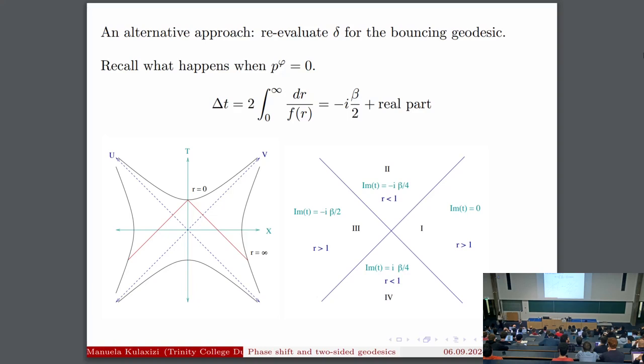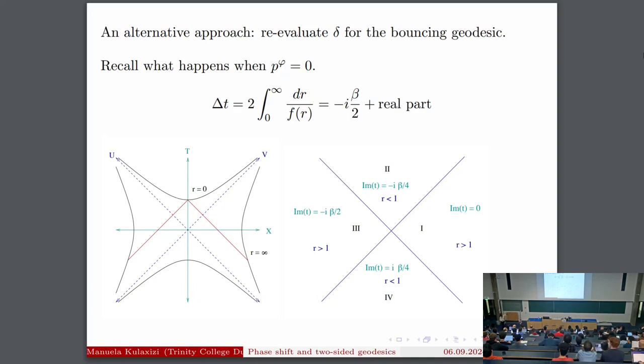Since now my particle doesn't come to the boundary, I forget what I have computed, at least in gravity, which was based on the fact that there was a turning point, and I redo the computation for the particle going all the way to the singularity. If I redo this computation, what do I expect to get? Perhaps a different imaginary part.